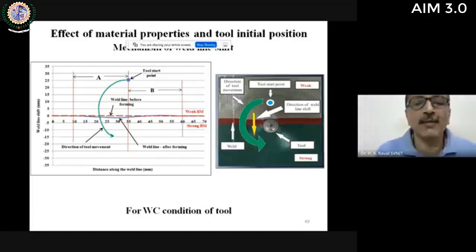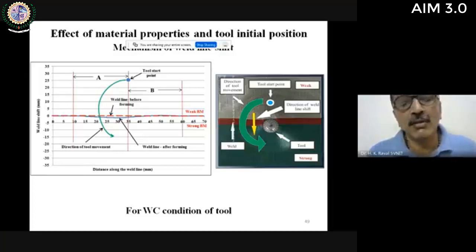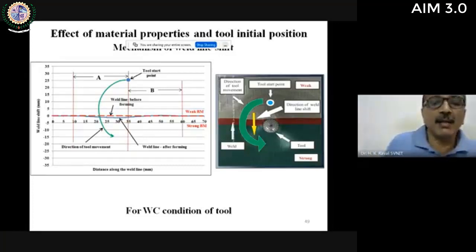The sheet will be dragged marginally because of friction between the tool and the workpiece. Because of that also, the weaker material will have more deformation. If I divide this entire deformation zone into two different zones, A and B: in the A portion, because of the direction of tool motion, the deformation is visible.